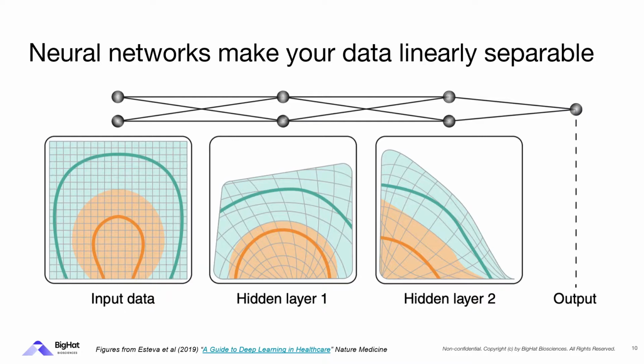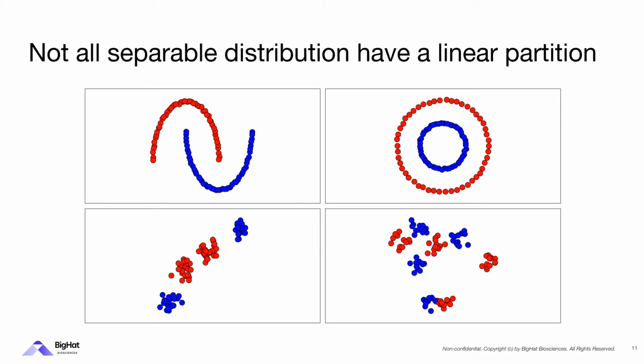And that's super important. The reason that nonlinear separation is so important is that many distributions in the real world can be obviously separated visually in two dimensions, but can't be done with a single straight line through the plane. This is particularly true if you look at the top two distributions here with the half moon and the embedded circle. It's clear that blue and red can easily be separated, but no line can actually do that.